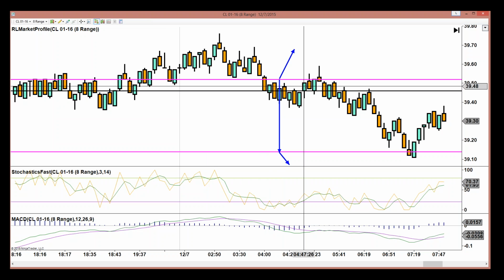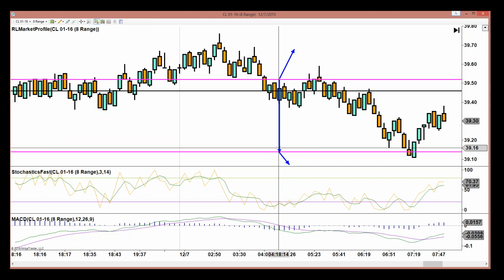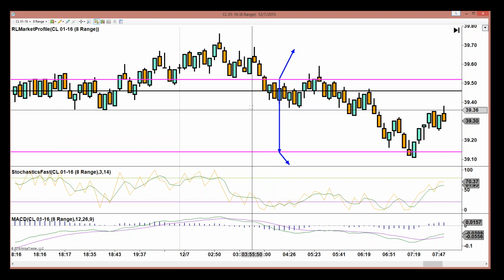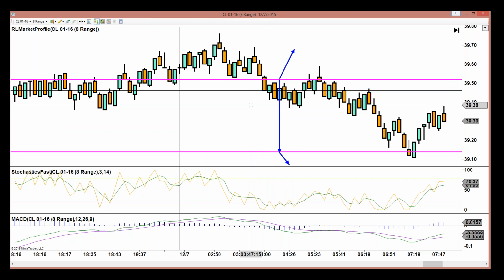So with market profile, we're looking at a look back instead of a look forward. And it does have nice predictive value in determining whether or not price is going to break or price is going to bounce. We always make the assumption that price is going to hold. Now what we're trying to do is we're trying to trade with precision.